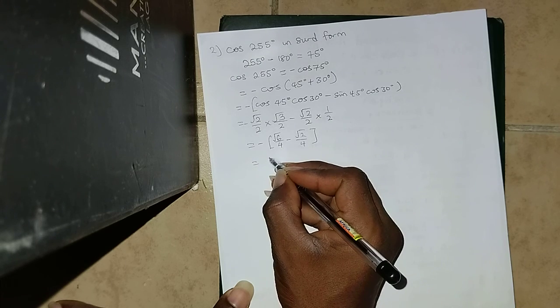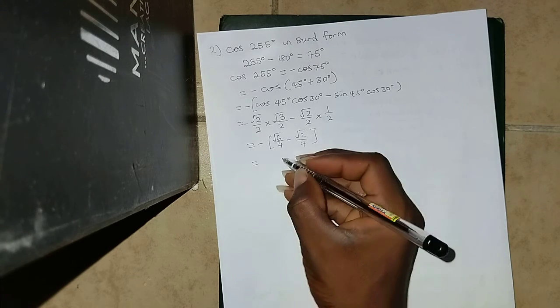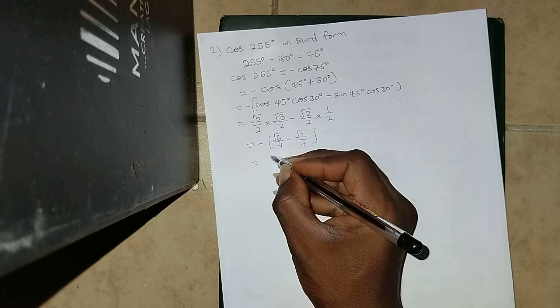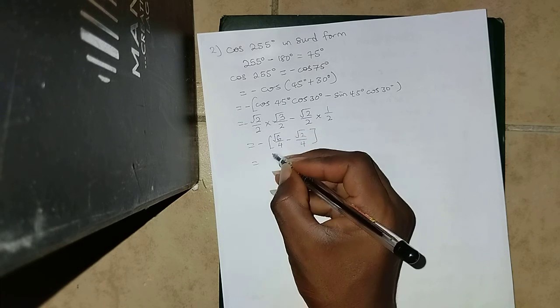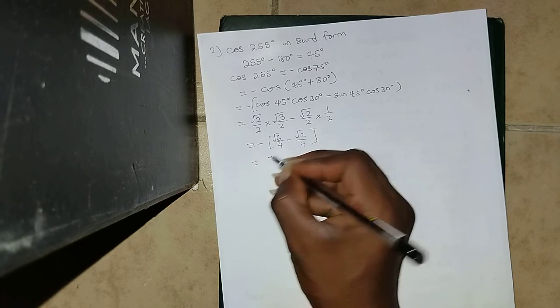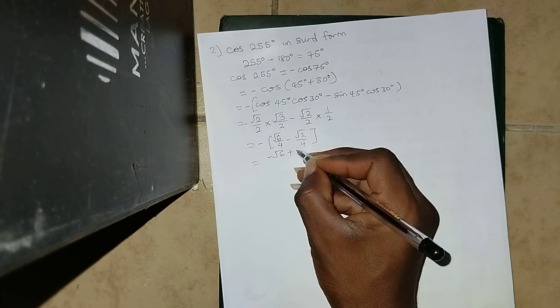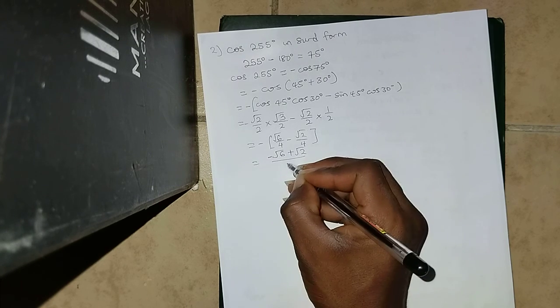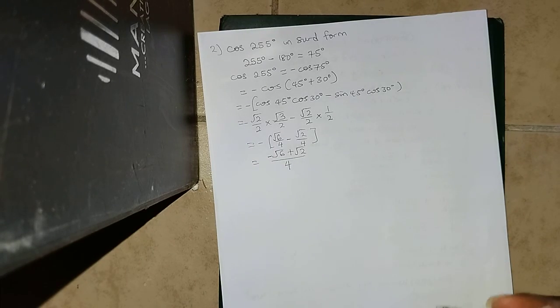Because of this negative sign, I can have my answer as minus root 6 plus root 2 over 4. So this should be where my answer is.